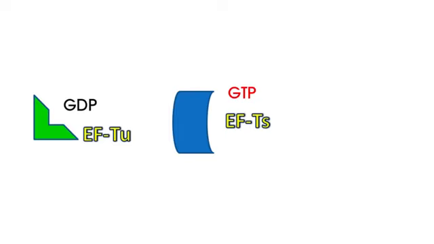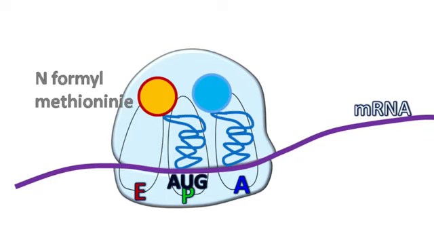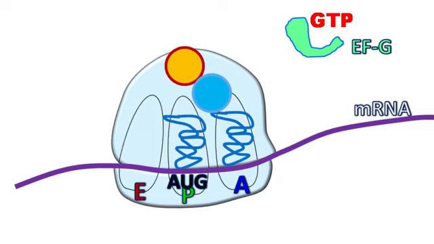The elongation factor EF-Ts helps in the recycling of GDP to GTP. In the next step, there is a peptide bond formation between the 2 amino acids. Next, elongation factor EF-G helps in the translocation.